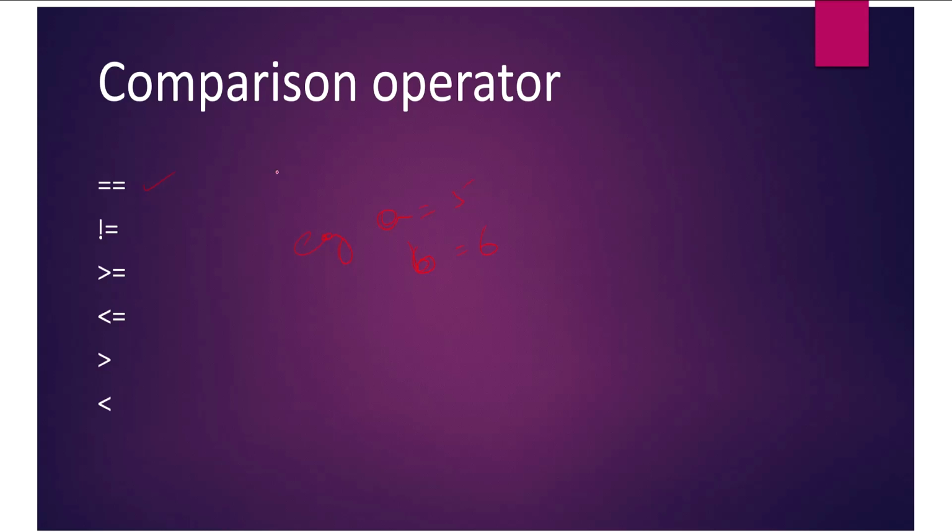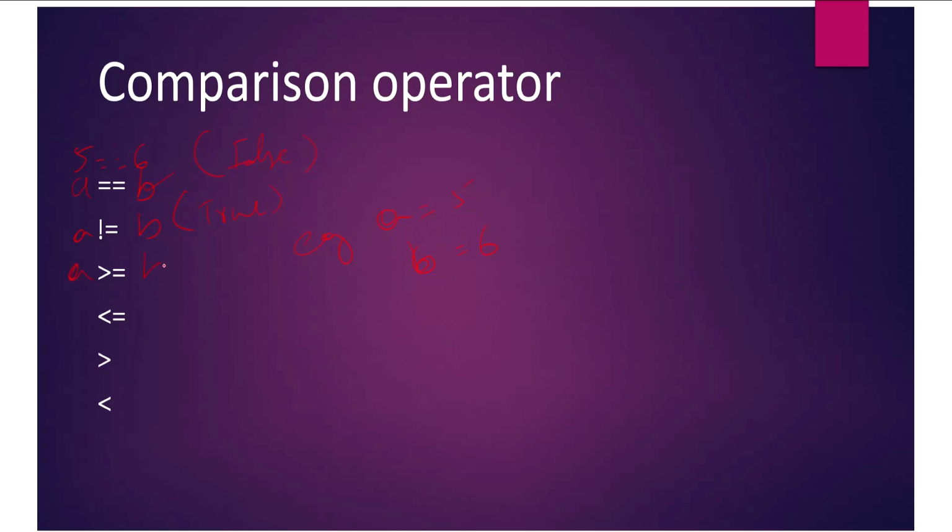Suppose we want to check whether a double equal to b or not. 5 double equal to 6 is not equal, so we will get false as an output. Similarly, we can do a not equal to b. Since a is not equal to b, the output is true.